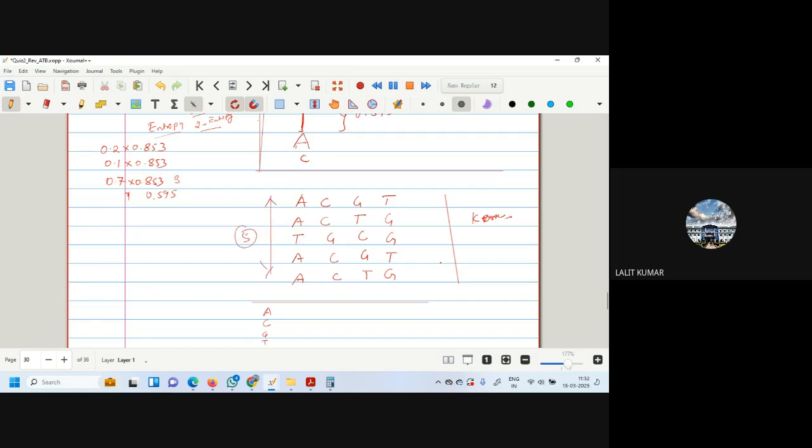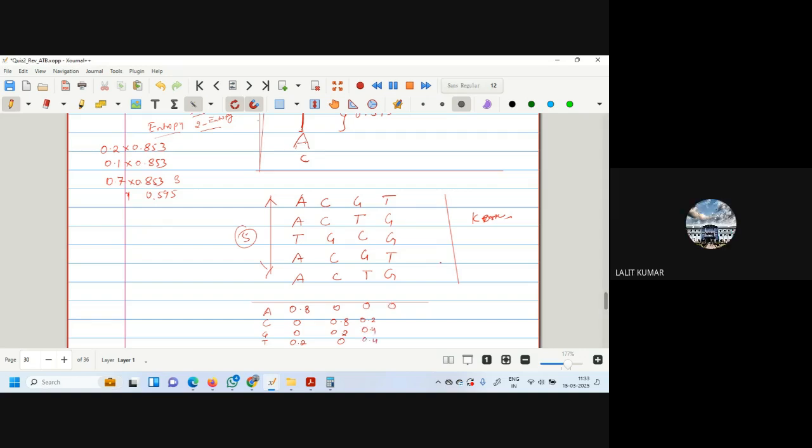So these are 5. So this will become 0.8. C is 0. G is 0. T is 0.2. This is 0. This is 0.8. This is 0.2, this is 0. Here, this is 0, 0.2, 0.4, 0.4.